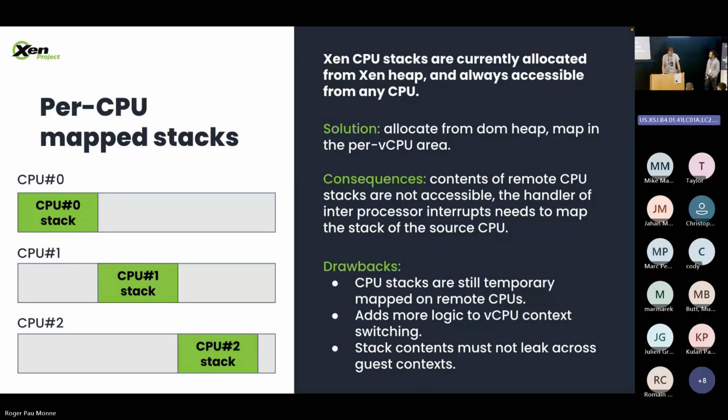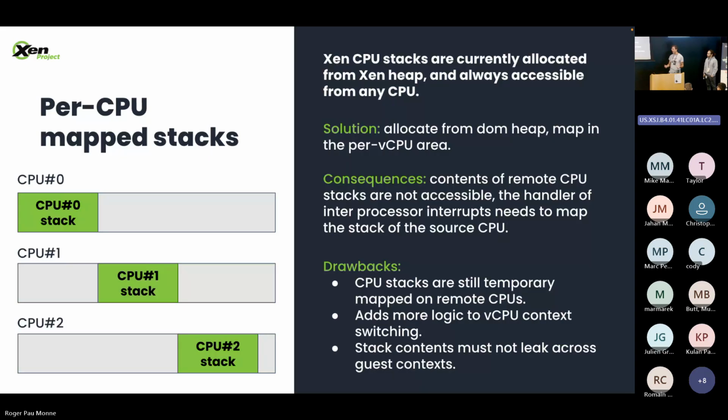One of the consequences here, and it will need more work, I think, is that if you are in that model where you no longer have the stacks of all the CPUs on the system permanently mapped, when you get an IPI, you may have trouble accessing the data needed by that IPI. An IPI is an interrupt from a different CPU. It might request you to run some function or to process some data, but that data may be on the stack of the remote CPU.